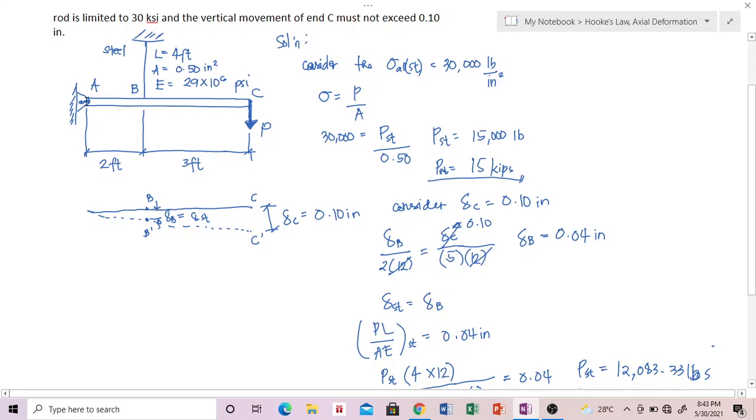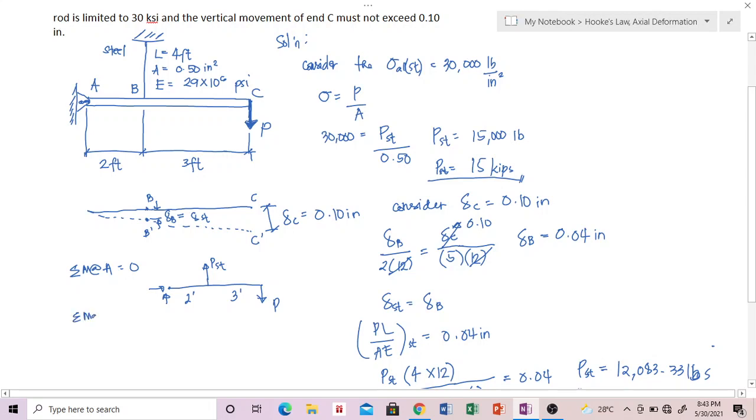Equation of static equilibrium: take moment at A. Summation of moment at A equivalent to 0. Visualize the free body diagram, or simply, this is the free body diagram, class. This is P, and this is P steel. This one is 2 feet, and this is 3 feet. At this point, it is hinged, so it has X and Y reactions, but since we are taking moment at A, they are neglected.